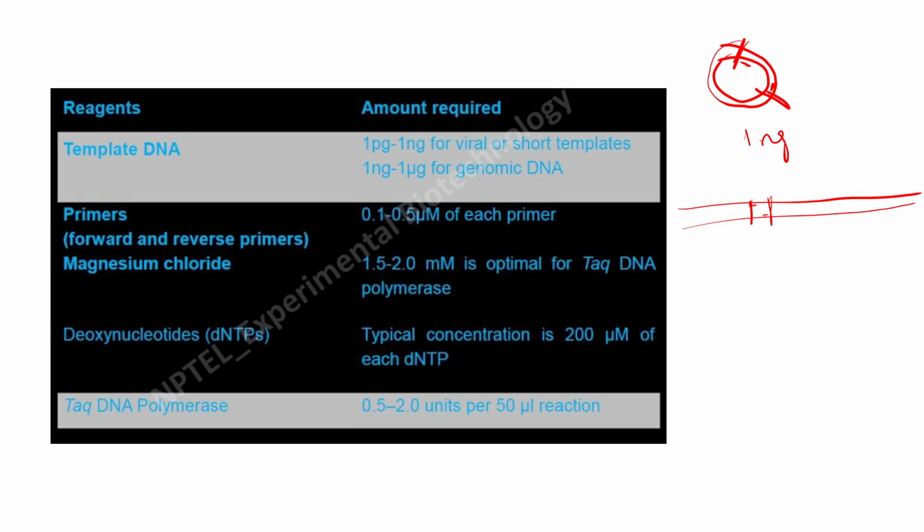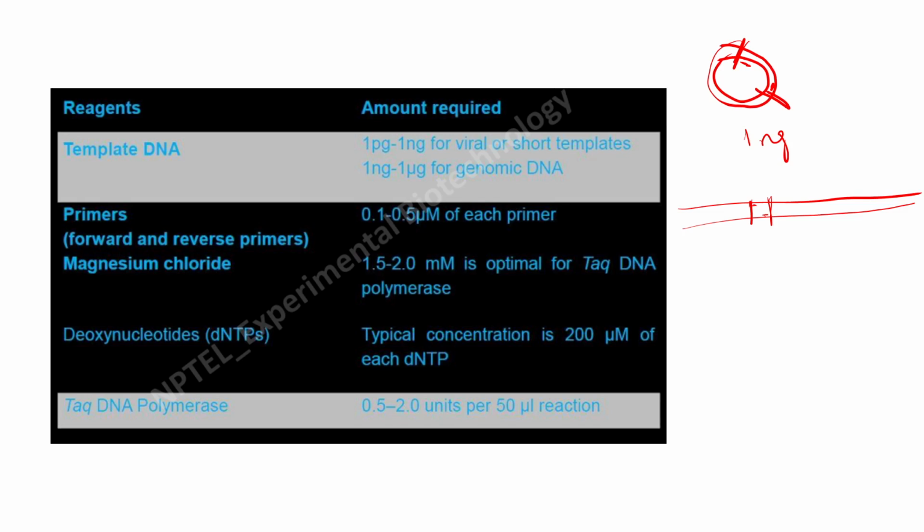But if you are doing a PCR reaction to amplify a particular gene from the genomic DNA and you did not get the amplified product, you can check the amount of template or the amount of primer. You can optimize that part so that you get a perfect amplification.